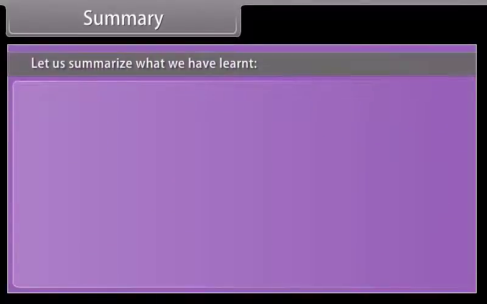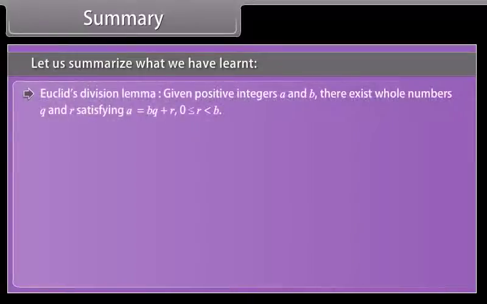Summary. Let us summarize what we have learned. Euclid's division lemma: given positive integers a and b, there exist whole numbers q and r satisfying a is equal to bq plus r, 0 is smaller than or equal to r, which is smaller than b.